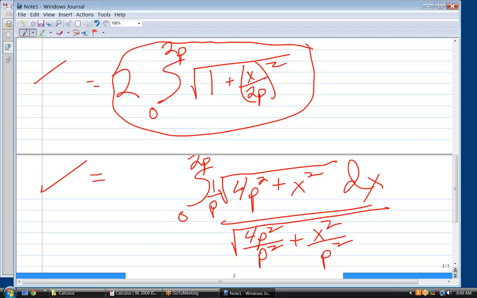Although it would distribute across each term, right? So it'd be 4 plus 4 times x squared over... Now, the fact that this whole thing's being squared, let me think. So would it be 4 plus 4x squared over... Let me think for a moment if I can figure out how to explain this better.